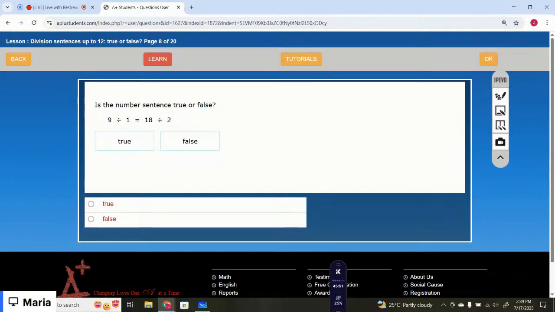Is the number sentence true or false? Very good. True it is. Option number 1 is the correct option.